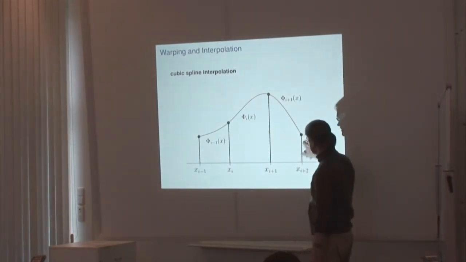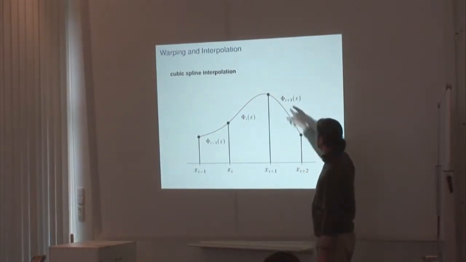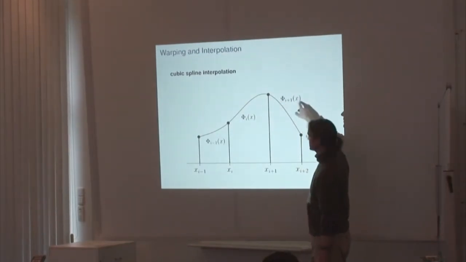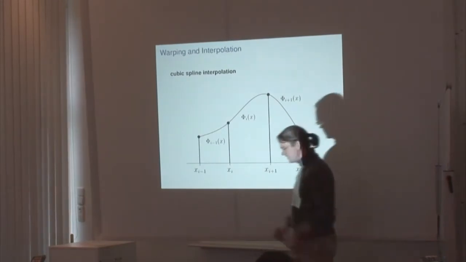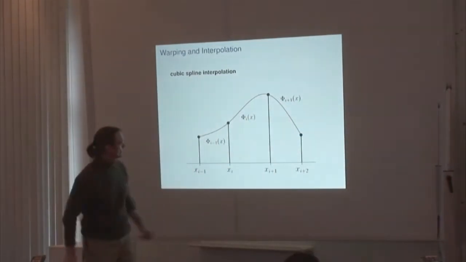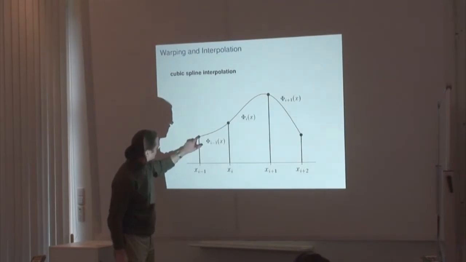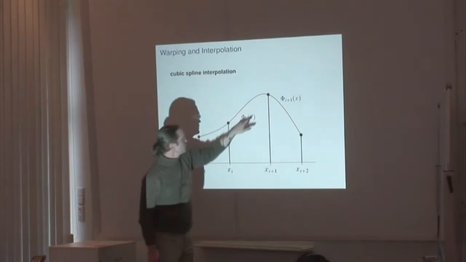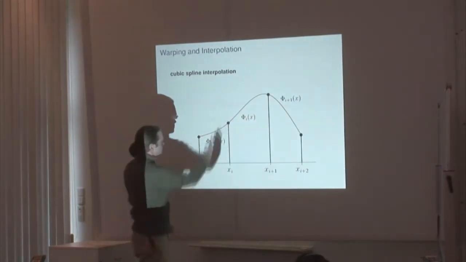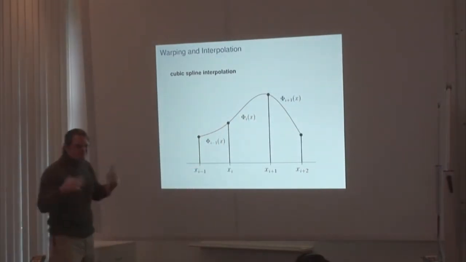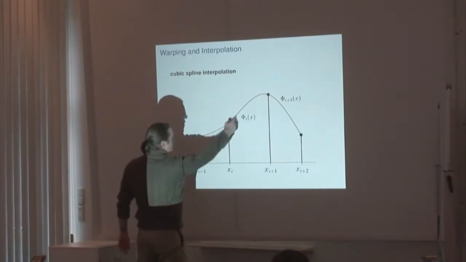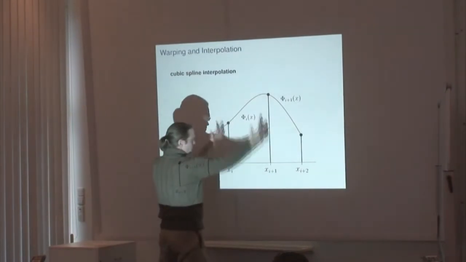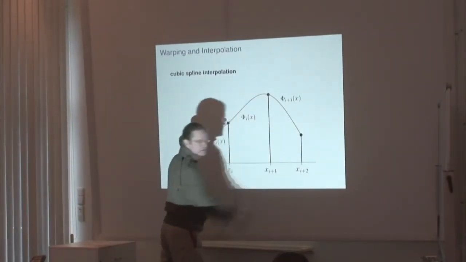The polynomial piece between xi plus 1 and xi plus 2 is phi i plus 1 of x. So these are continuous functions, and they have been stitched together. Of course, if we were to continue this function over here, it would probably go like this, and if we continued this function down here, it would go down here. But we really don't want to continue. We just compute this one in this interval, this one in this interval, and this one in this interval.